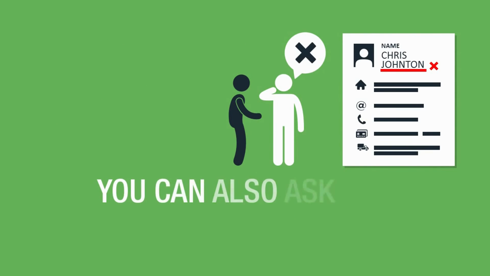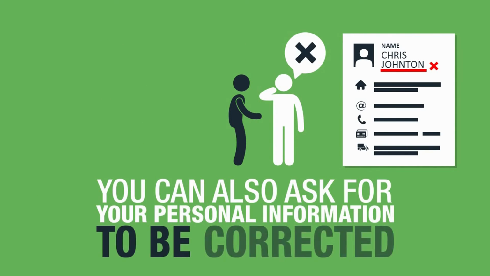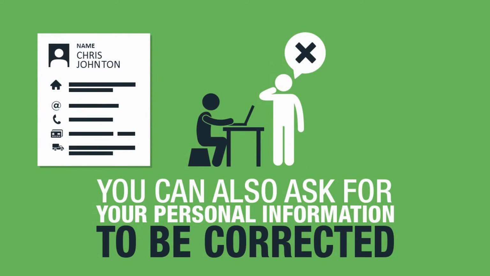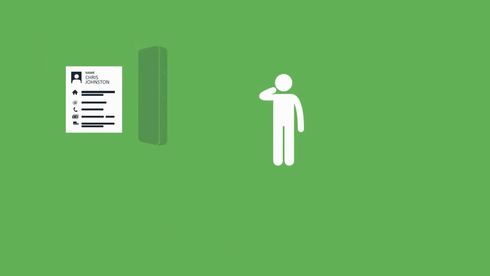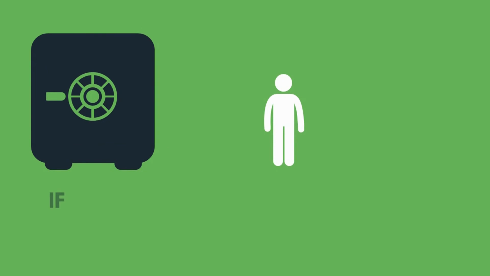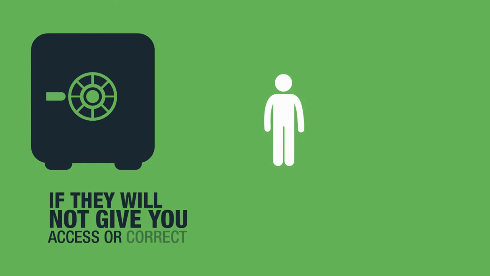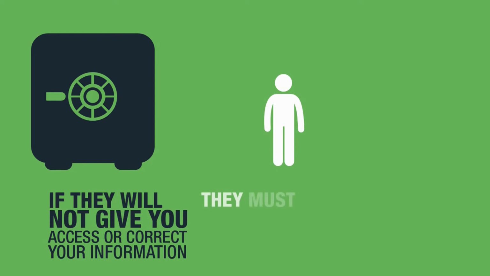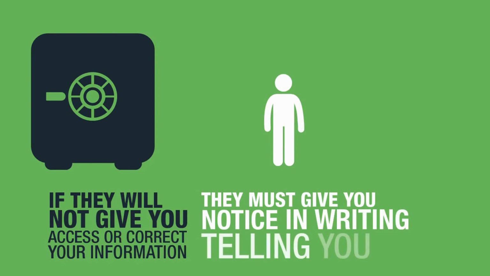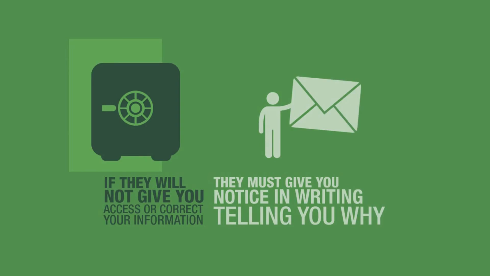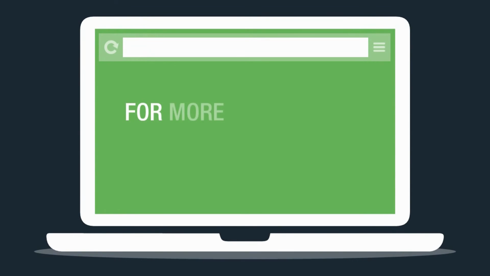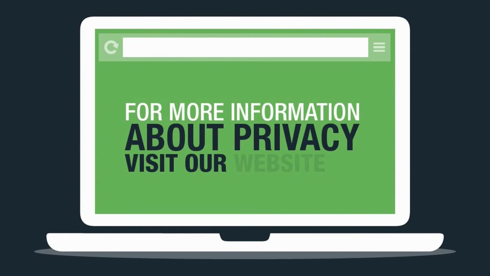You can also ask for your personal information to be corrected. If they will not give you access or correct your information, they must give you notice in writing telling you why. For more information about privacy, visit our website at www.oaic.gov.au.